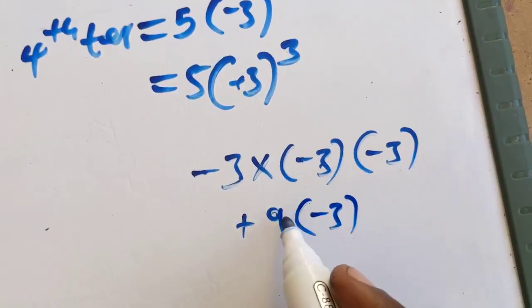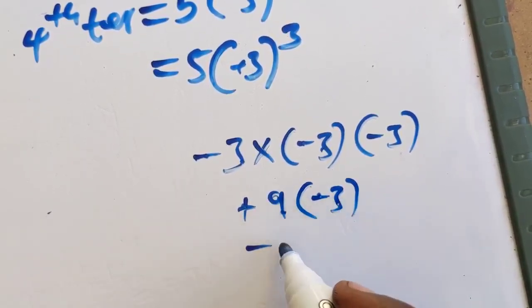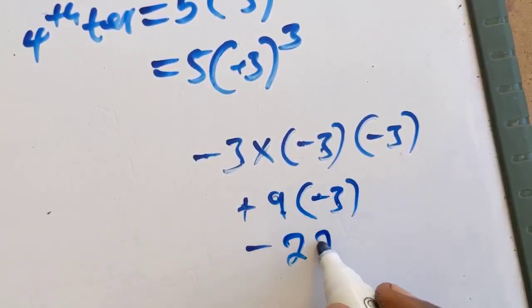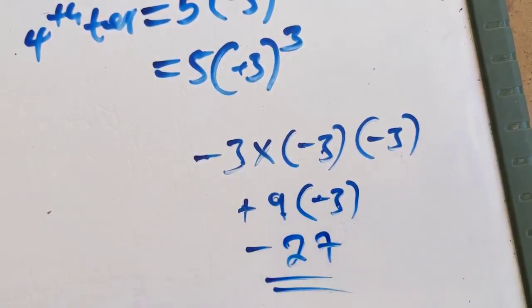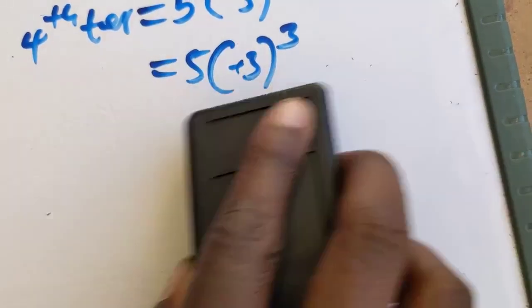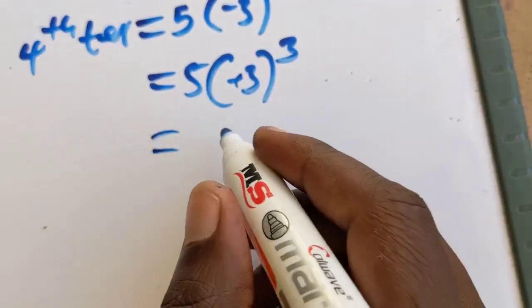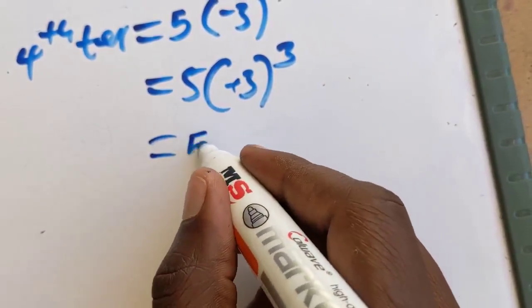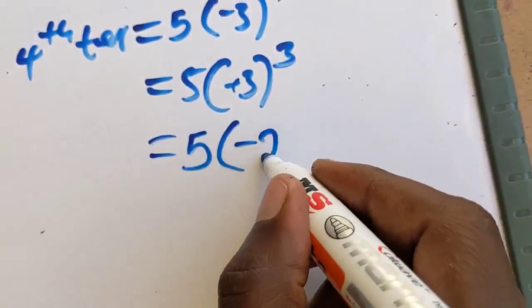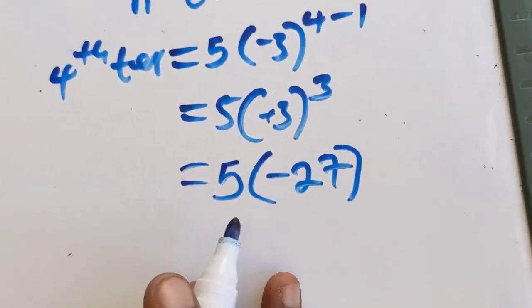Positive times negative is negative. 9 times 3 is 27. So negative 3 to the power 3 is negative 27. So here we are going to multiply by negative 27, as simple as that.